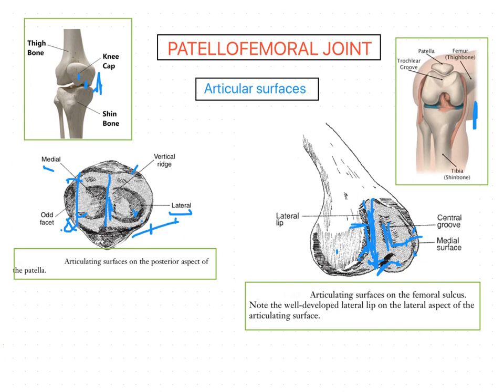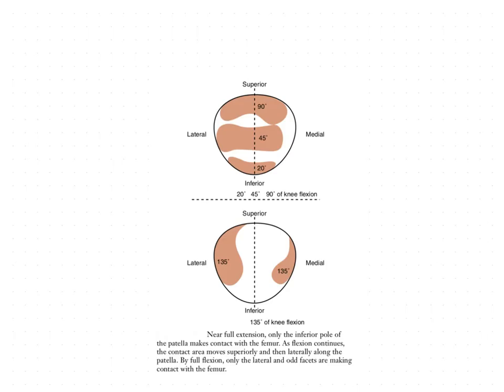So given the incongruence of the patella, the contact between the patella and the femur changes throughout the knee range of motion.